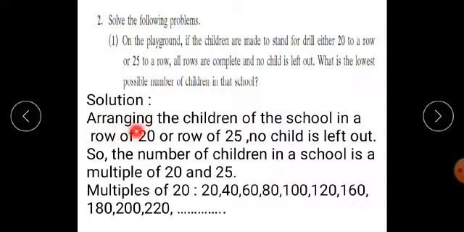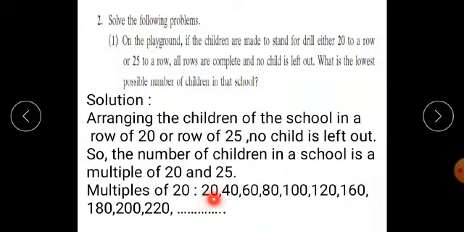Solution: arranging the children of the school in rows of 20 or rows of 25, no child is left out. So, the number of children in the school is a multiple of 20 as well as 25.